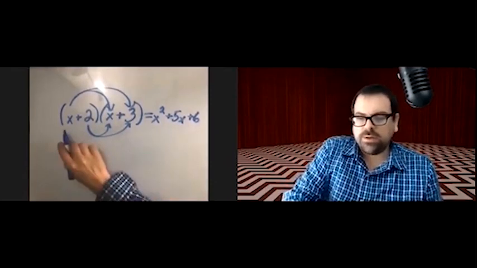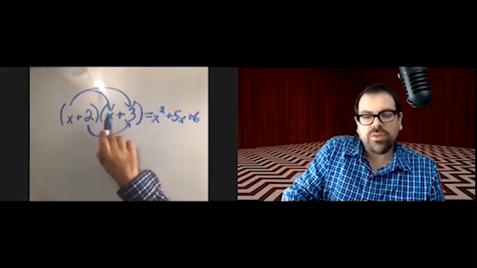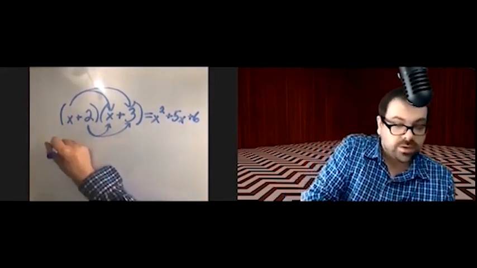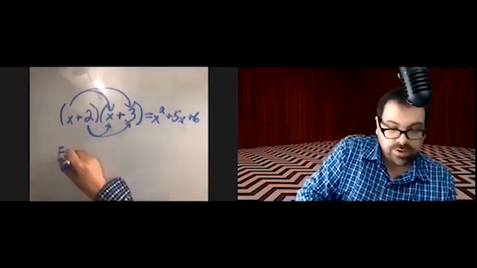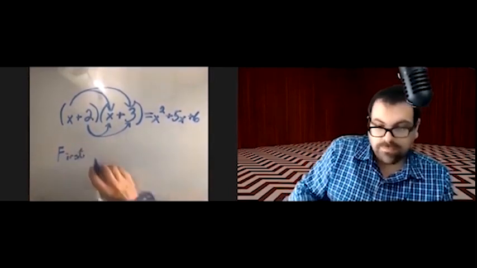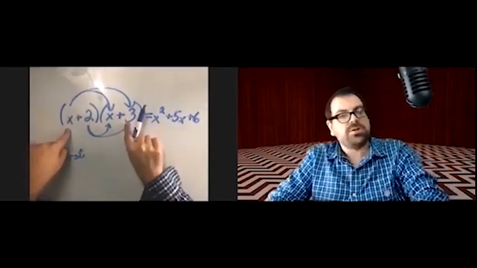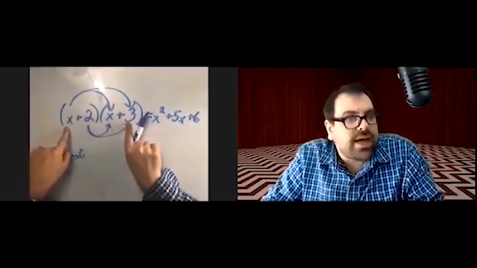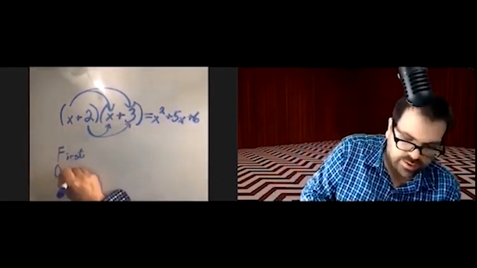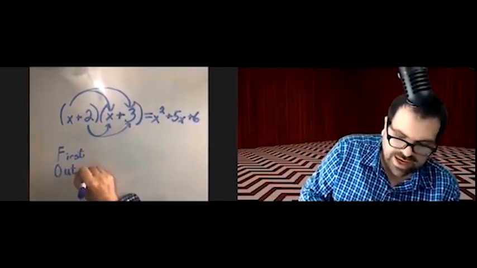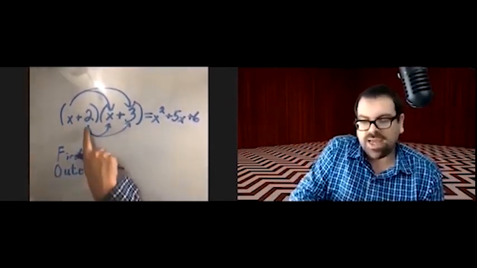And here, multiplying this x times this x, it's like multiplying the first terms together. And then this x times that 3, it's like multiplying the outside terms together, or the outer terms. And then we would multiply the 2 times the x.